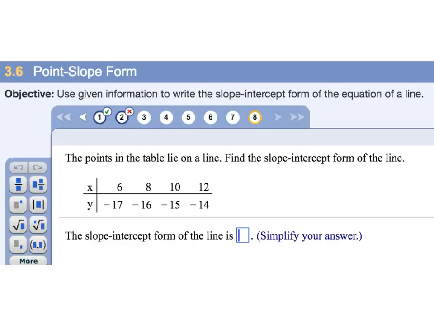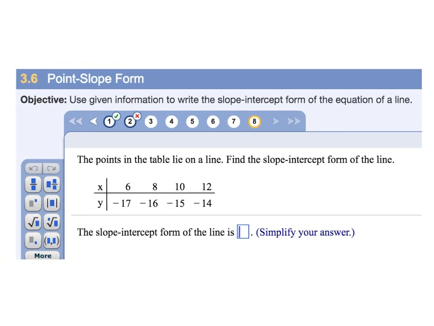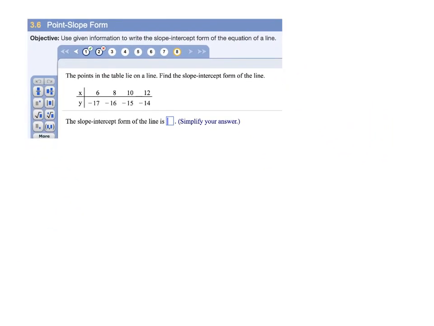All right, now for this one, again, we are going to try and find that slope-intercept form. And so the things that we need is we need to know a point and we need to know the slope. So we have a point right here. In fact, they've given us 4 points. So I'm going to move that over here.